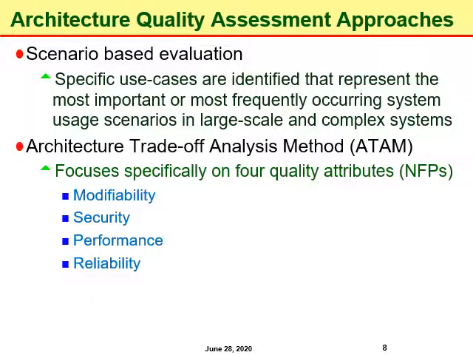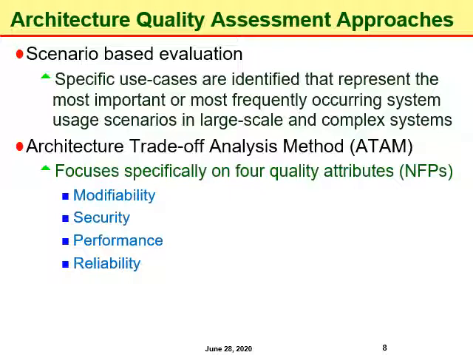Then the third technique for assessment of architecture is scenario-based evaluation. In scenario-based evaluation, a divide and conquer approach is applied to evaluate the architecture by focusing on some specific scenarios. So, a well-known scenario-based approach is called the architecture trade-off analysis method.